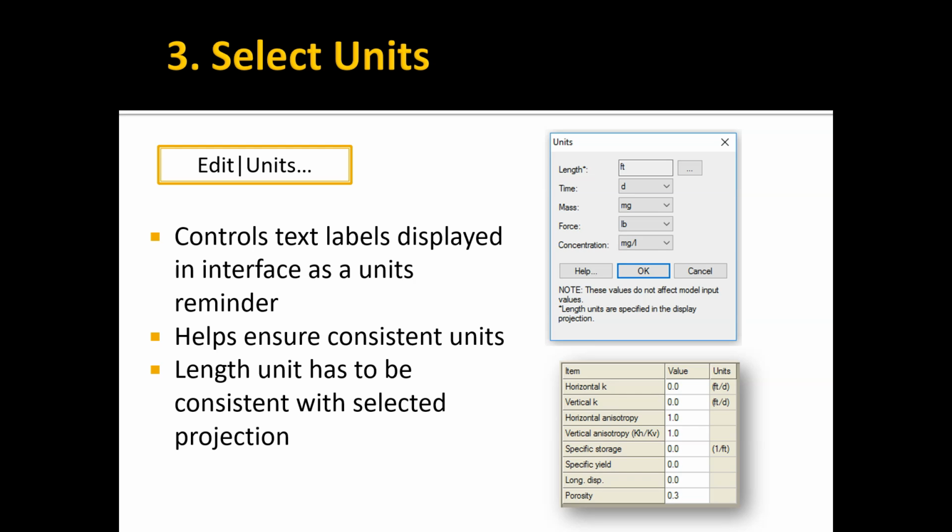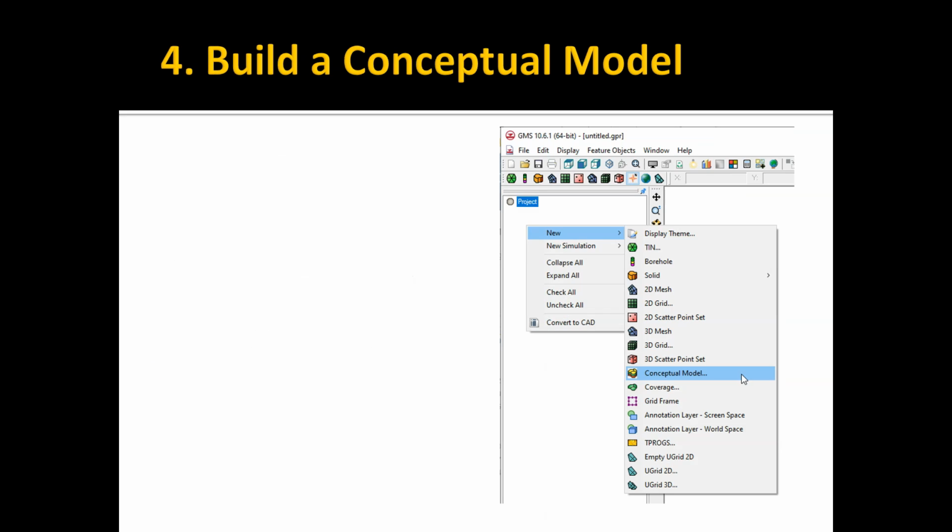Okay, so once we have a base map, a projection, and units, the next step is to build a conceptual model object. And you do that by right-clicking in an empty part of the Project Explorer window and selecting New Conceptual Model.